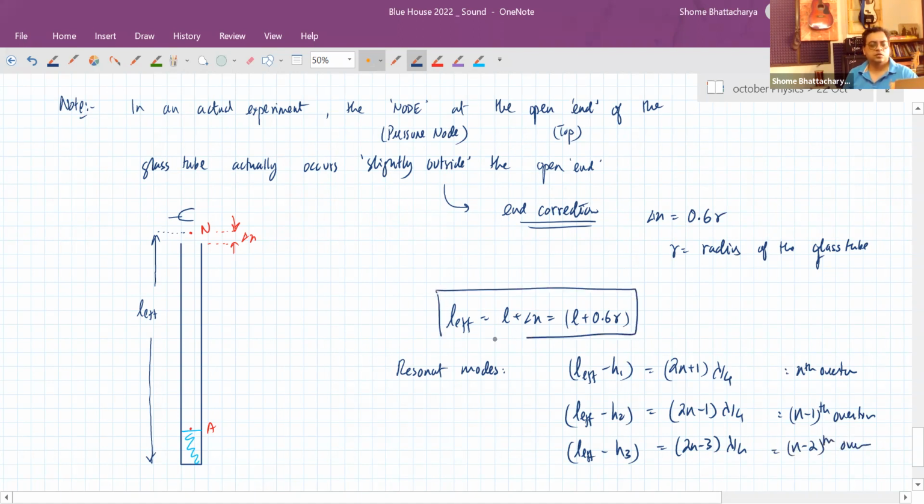So this concept of end correction is something important to remember.